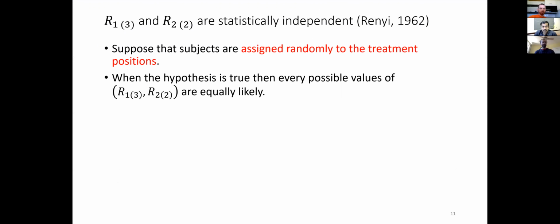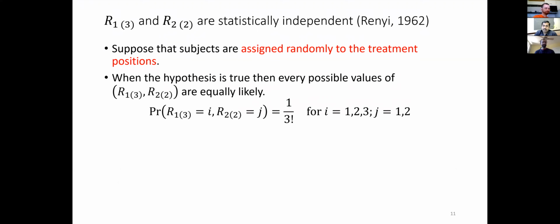These two, R13 and R22, can easily be shown to be statistically independent. Because the treatment assignment is random and because the null hypothesis is just that nothing happens, if you are positioned into a defined treatment position, your outcome remains the same, which means that all possible values of R13 and R22 are equally likely.